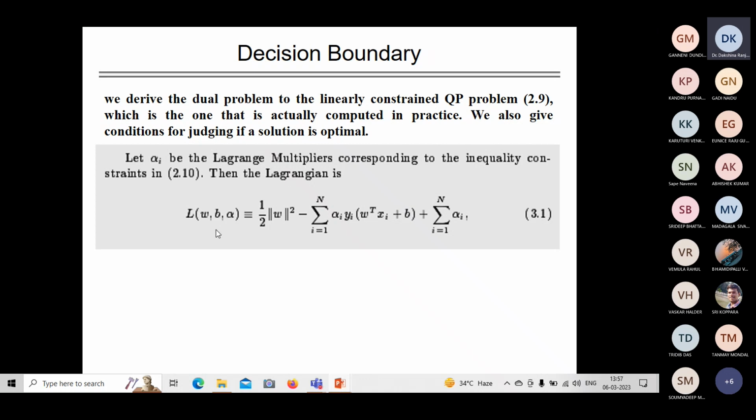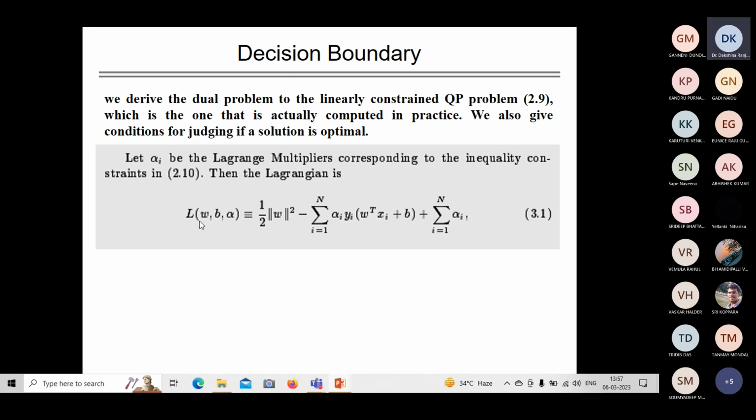To find the extrema for w and for b, we will take the partial derivatives. We can write del L divided by del w for getting the gradient for w, and for getting the gradient for b, we will take the partial derivative with respect to bias b.